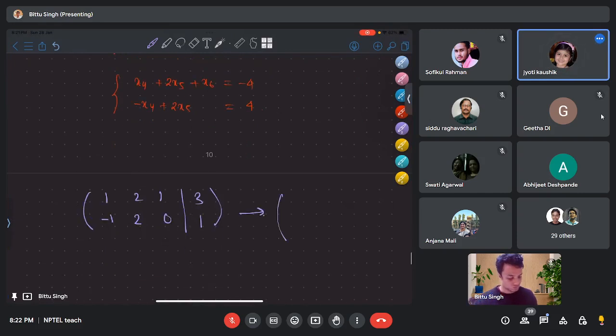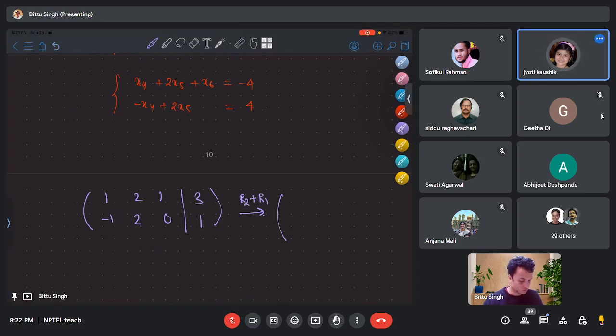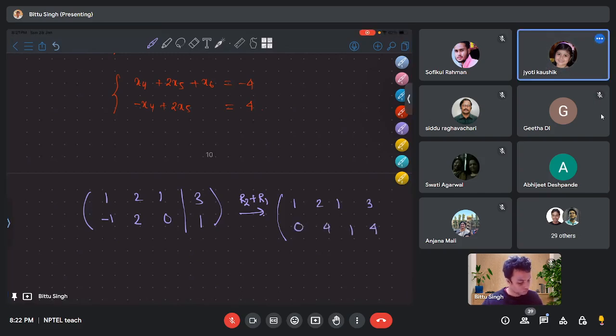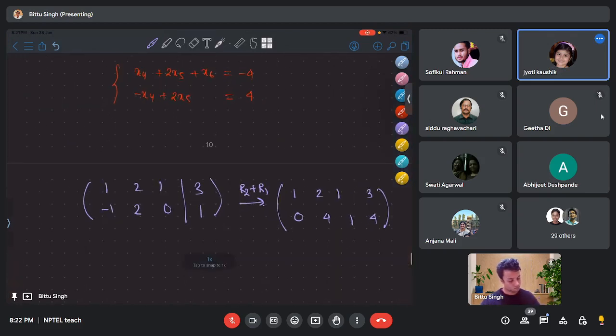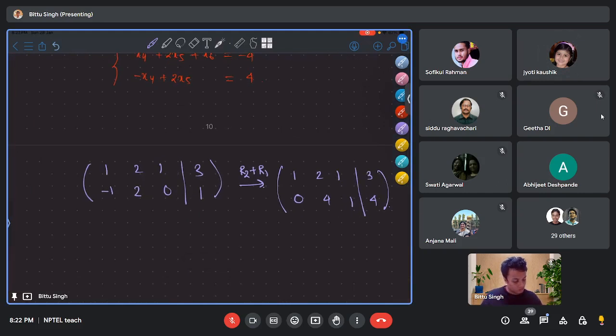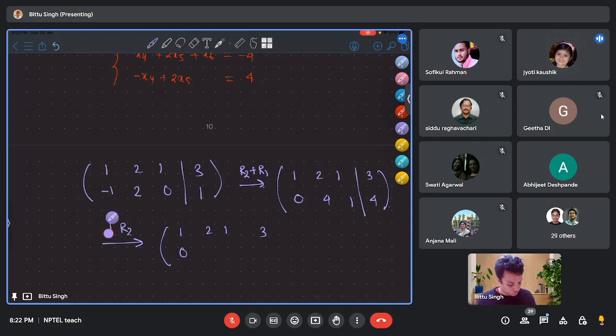Then the operation is R2 goes to R1 plus R2, giving [1, 2, 1 | 3; 0, 4, 1 | 4]. We are not getting something easier. After that, simply take half of R2.